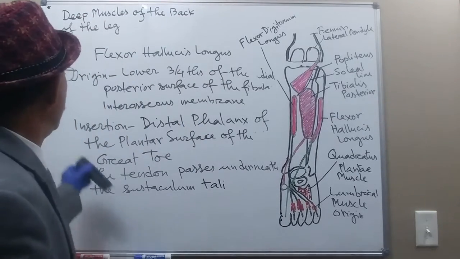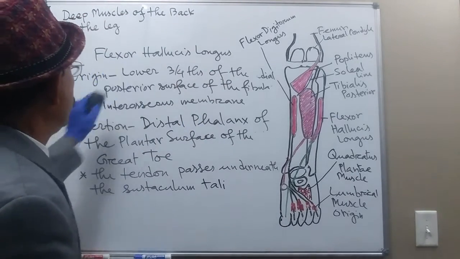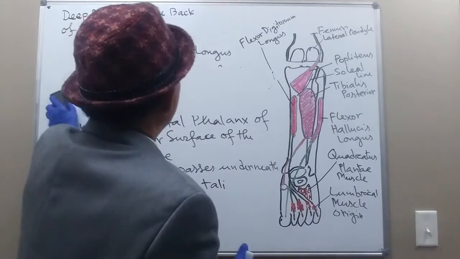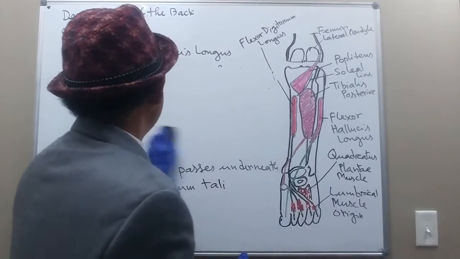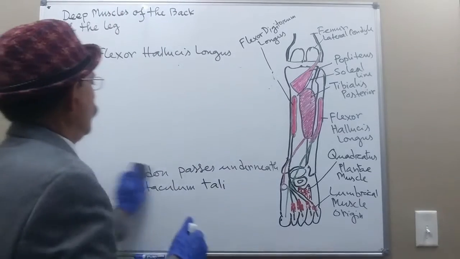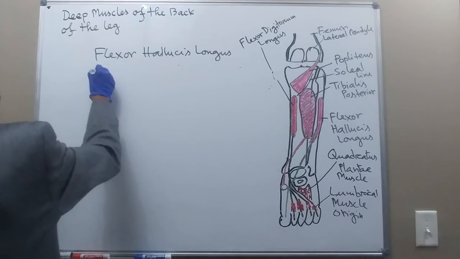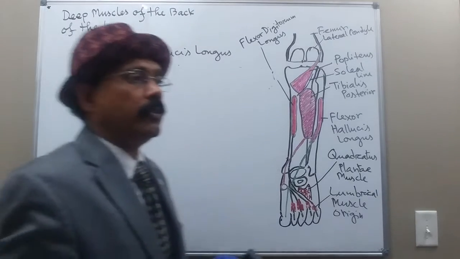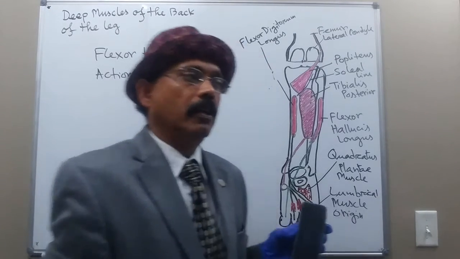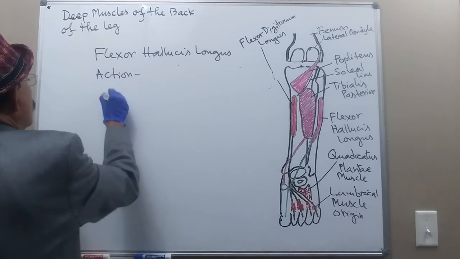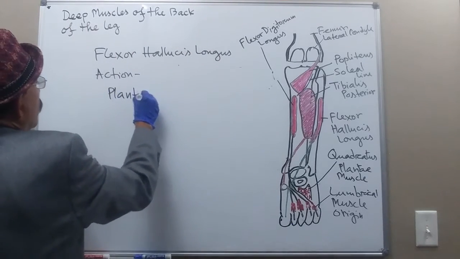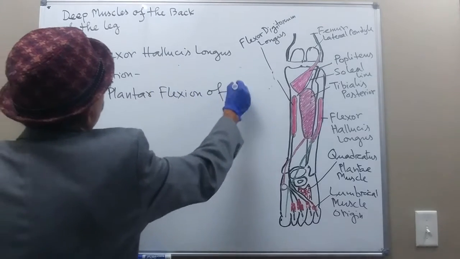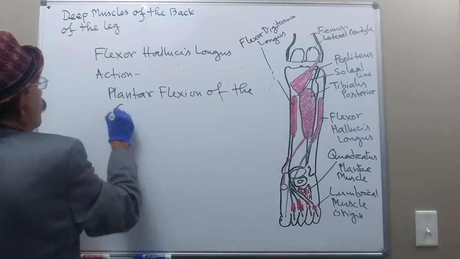We got the action of the flexor hallucis longus. Again, very easy to remember. We must pull the insertion towards the origin, then we'll get the action. What is the action? It flexes the great toe, so plantar flexion of the great toe.